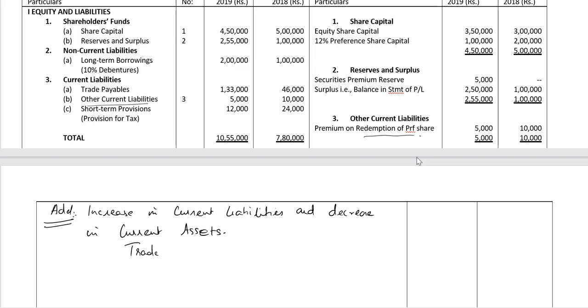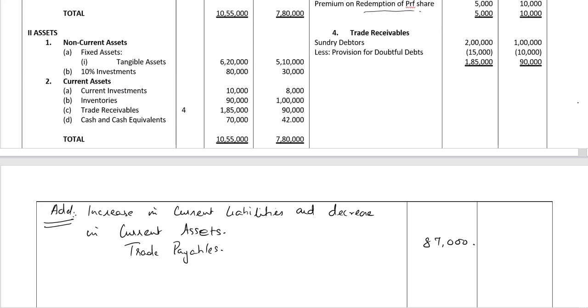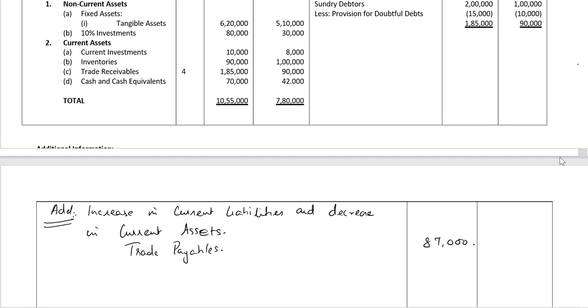So trade payables, the amount of increase is 87,000 rupees. Other current liabilities we will ignore. It represents premium paid on redemption of preference shares.